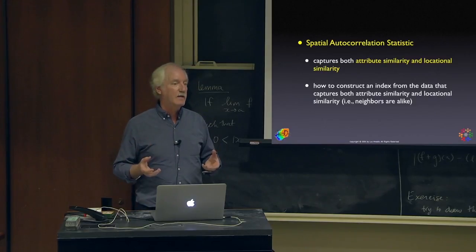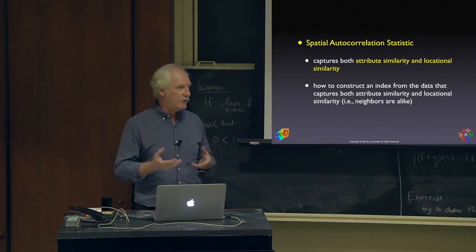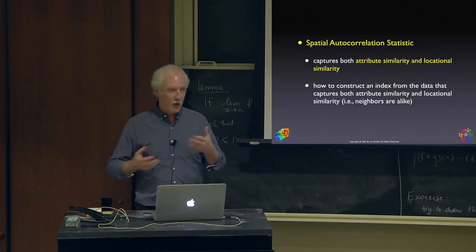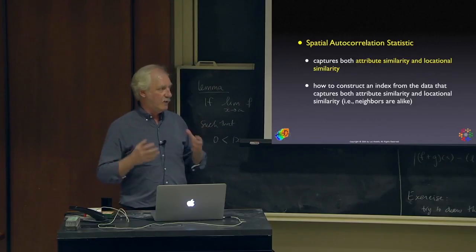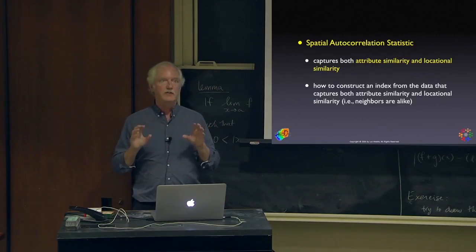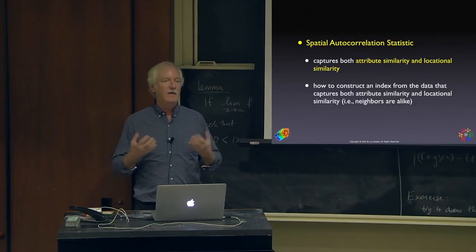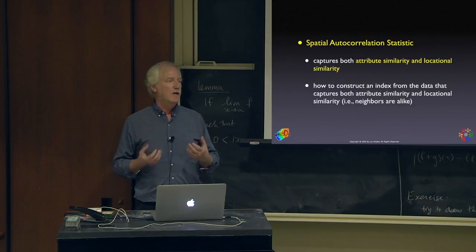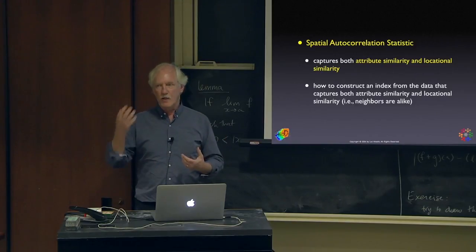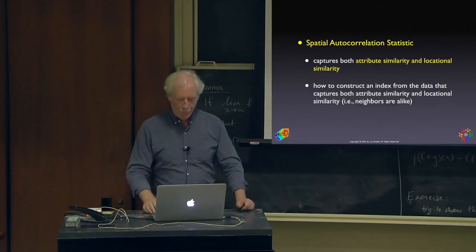How do we define that, right? Do we use a geographic criterion? Do we use a social network criterion? Do we use some other kind of metric to define whether they're close? So the spatial autocorrelation statistic then will combine these two aspects. It will combine a measure of attribute similarity with a measure of locational similarity. Okay?